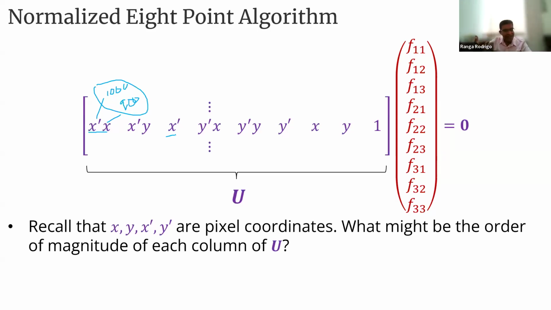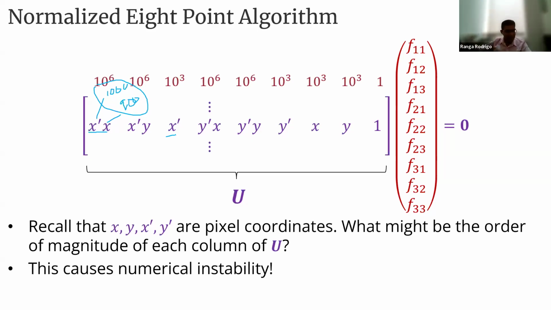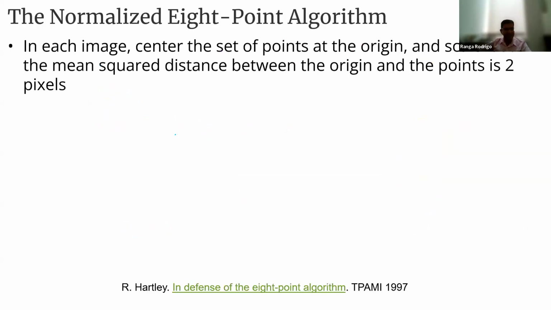When you have that, these solutions are not well conditioned. They have written the orders of these numbers. That's why it creates numerical instability, and why it is important to normalize. In each image, center the set of points at the origin and scale it so that the mean square distance between the origin and the points is 2 pixels.